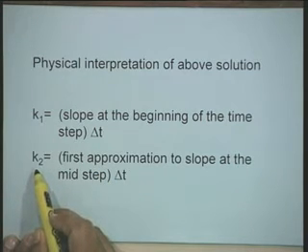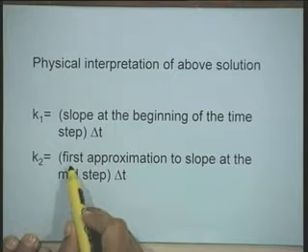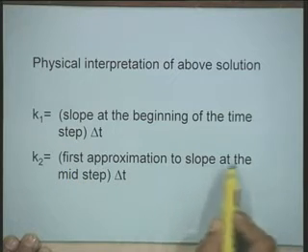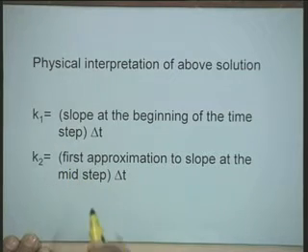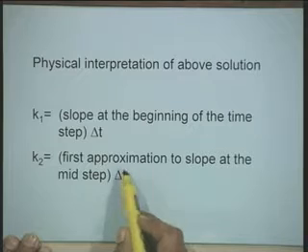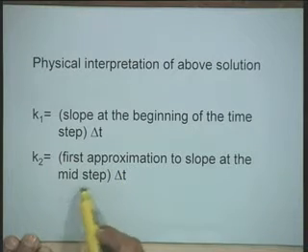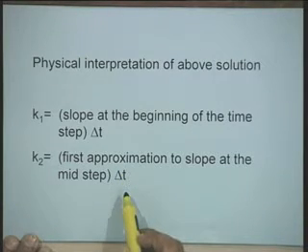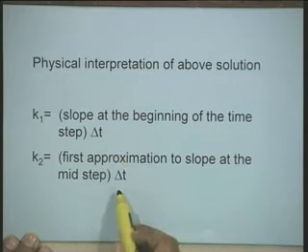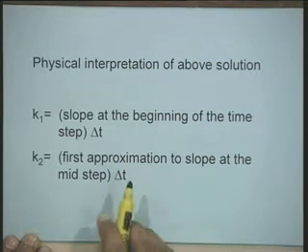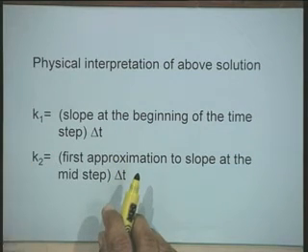Then K2 can be interpreted as the first approximation to the slope at the mid step, into delta t. Therefore, we are multiplying slope with delta t, so that this becomes an increment in x.